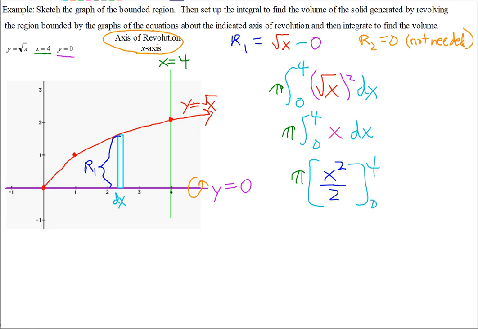When you plug in 4, you get 16 divided by 2 is 8 times pi. Minus, when you plug in 0, it's just 0. And there's just general units here, so it'd be units cubed. That'd be the volume of that three-dimensional shape, taking this region and revolving around the x-axis.